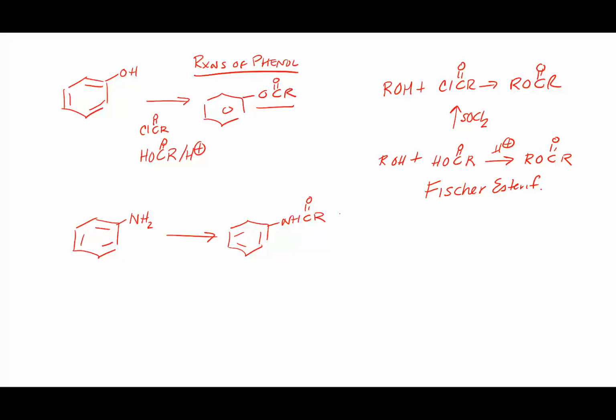How do you think I could do that? No, this would be the source for making the diazonium salt. I just want to add this C double bond O R group to the nitrogen.